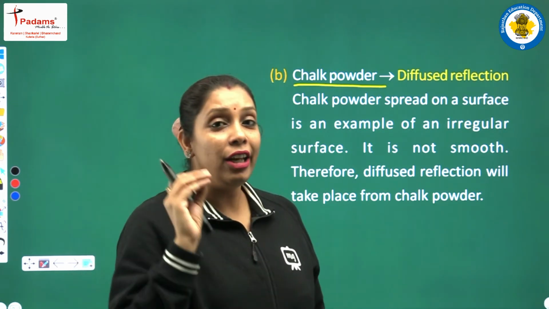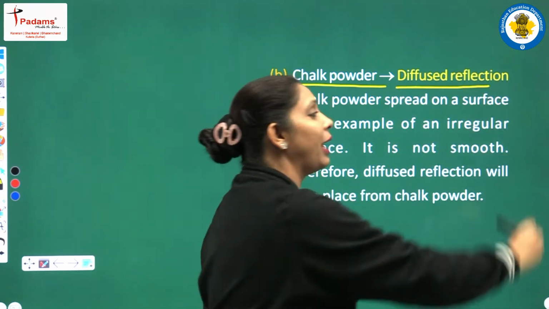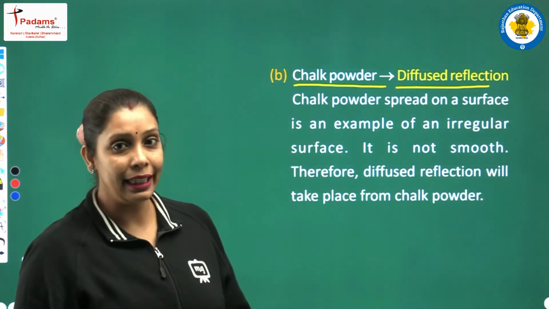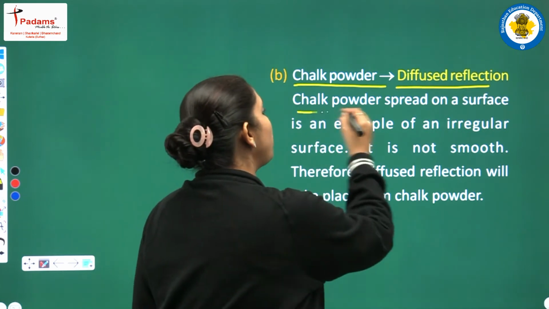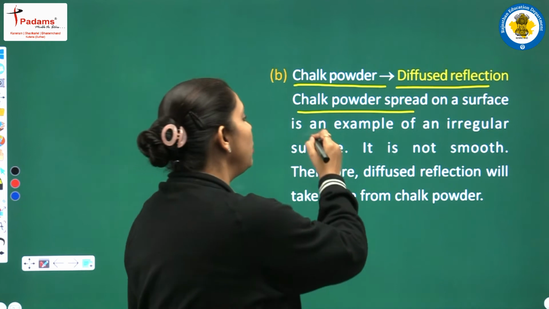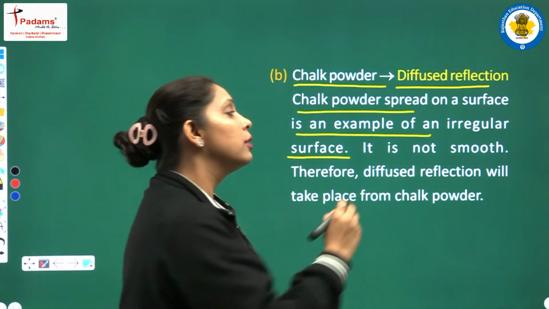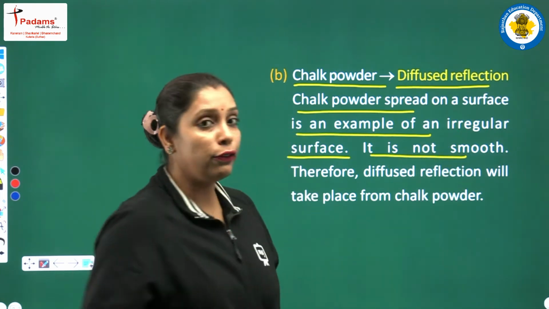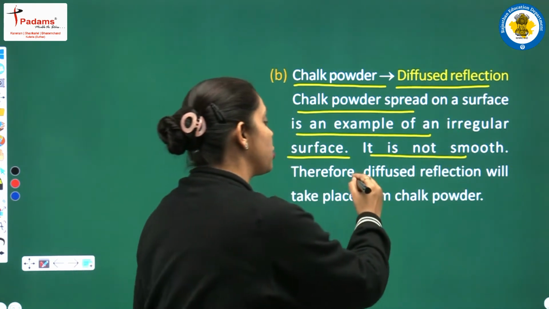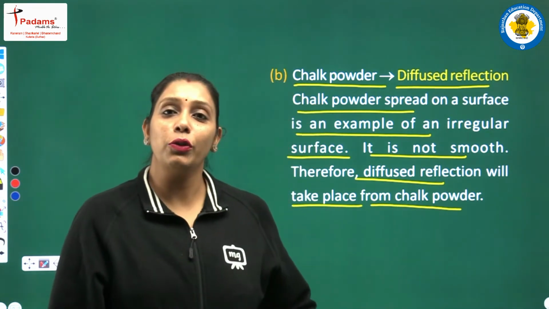So on irregular surfaces, diffused reflection always takes place. Clear everyone? So students, chalk powder spread on a surface is an example of an irregular surface. It is not smooth. Therefore, diffused reflection will take place from chalk powder. Is it clear to everyone?